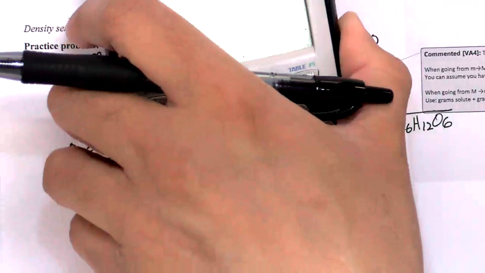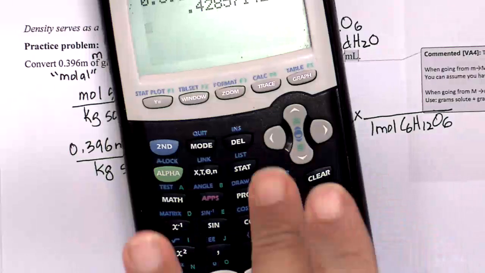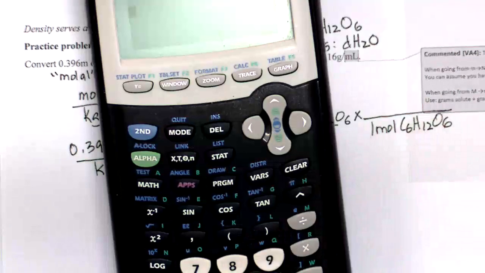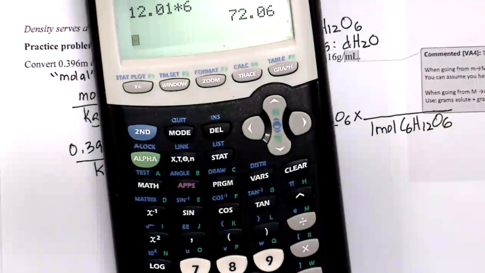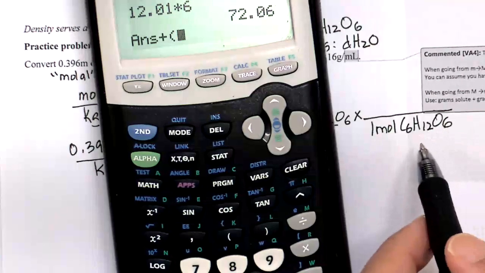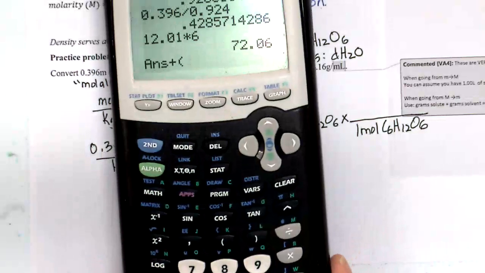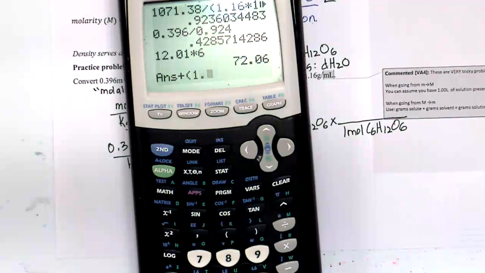Anybody remember carbon's weight? Very good, Samantha. 12, but we've got 6 of those. So I'll do 12.01 times 6. Anybody remember hydrogen's? She's not using a periodic table. It's 1. Very good. So 1.01 times 12.